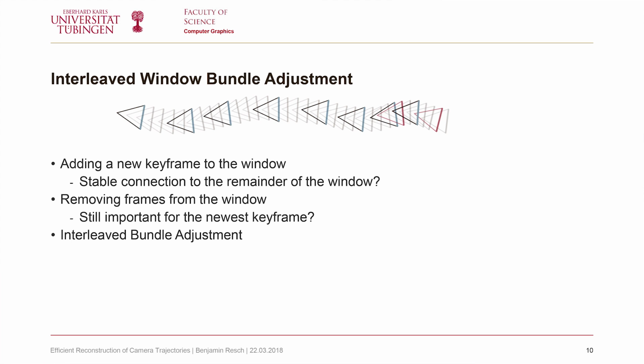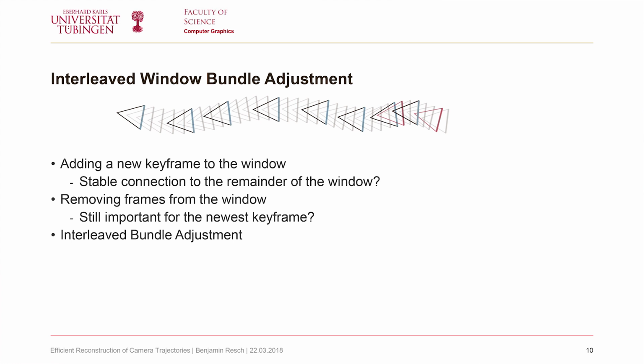For every one of those frames, we try to answer the question: is this frame stably connected to the rest of the window? So we really just try out reconstruction, finding this frame's pose, and if it works well, then we say, okay, it's stable, and if it doesn't work well, then we don't use it. In the end, we in principle select the furthest frame, so the one which is most away from the previous window, which is still stably connected, which might be this one, for example.